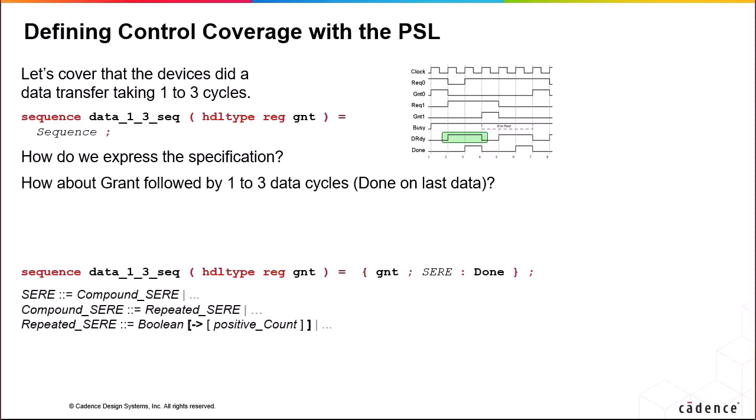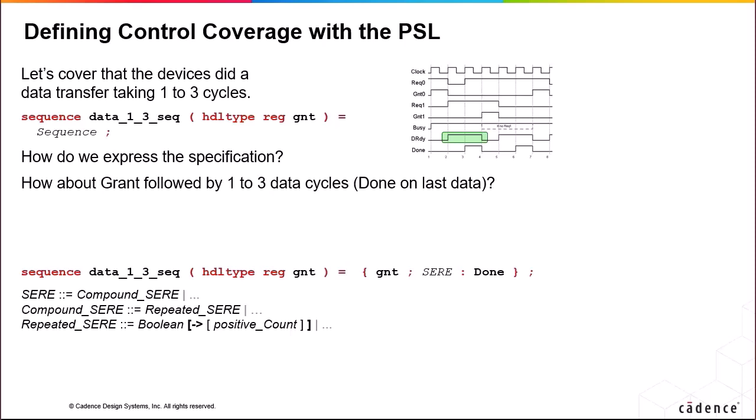One form of sequential extended regular expression is a compound sequential extended regular expression, and one form of compound sequential extended regular expression is a repeated sequential extended regular expression, and several ways exist to express repeated sequential extended regular expressions.